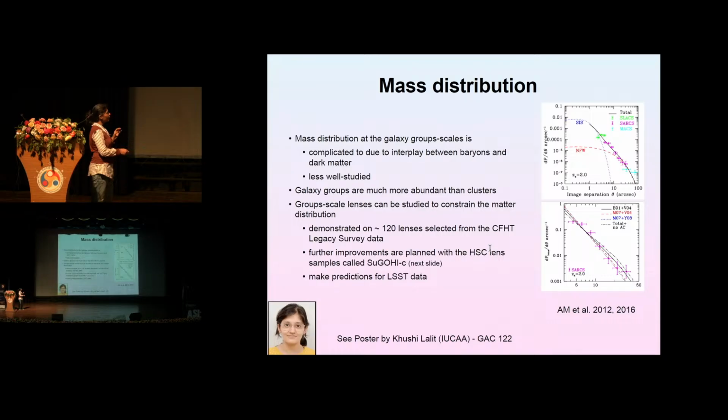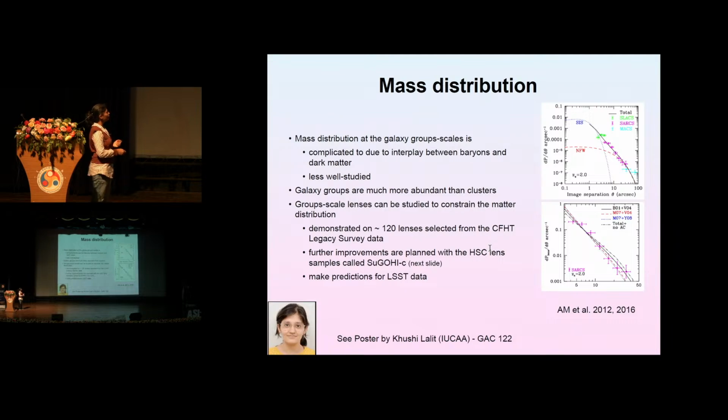But since this effect is so small, we need to have very large samples so that we can get good statistical constraints, as well as very accurate measurements of the image separation from each of these lenses. And this is where fast methods for modeling accurately and searching for these systems come in.